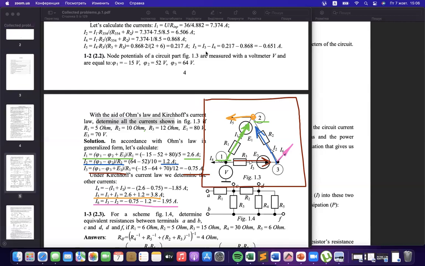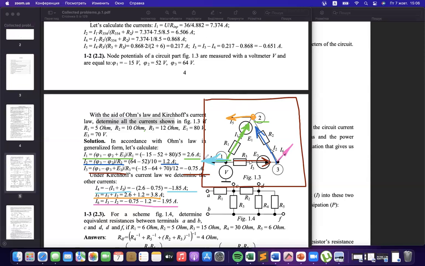And the last one, current number 4, mathematically, it is the first and third, both of them with negative sign, minus I1, minus I3, just because of direction, equals minus 1.85. Then this task is completely solved.